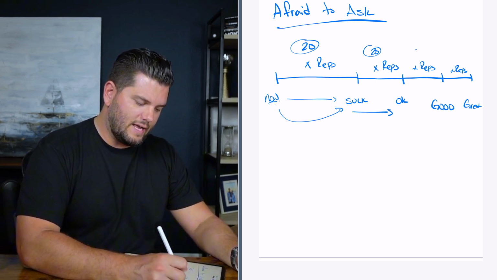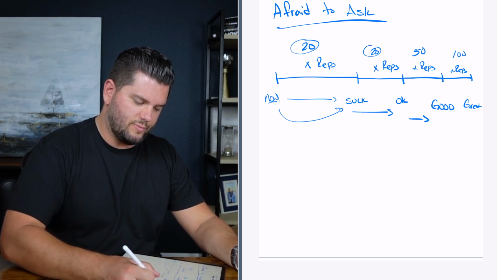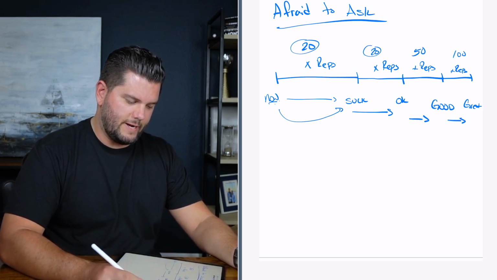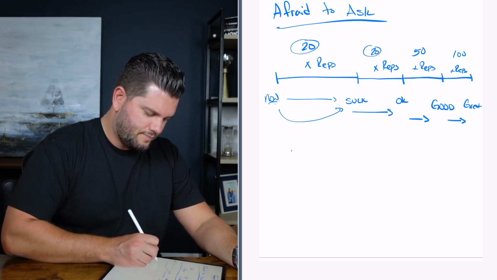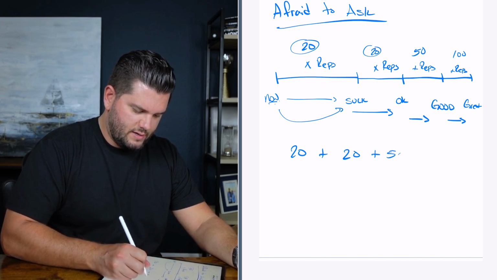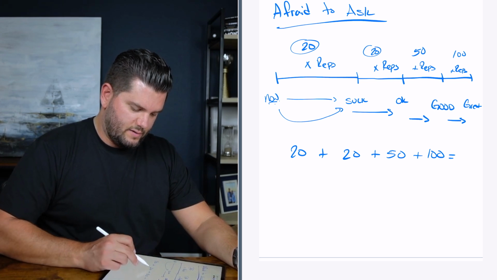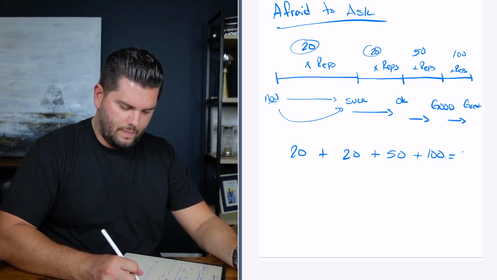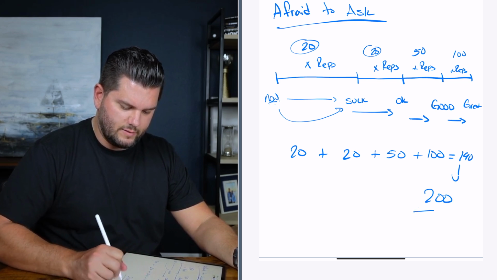Then it's like 50 more to go from okay to good. And then it's more like 100 more from good to great, right? So 20 plus 20 plus 50 plus 100 equals 150, 170, 190. Let's just round up to 200 times, right?